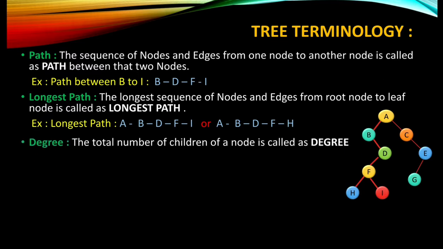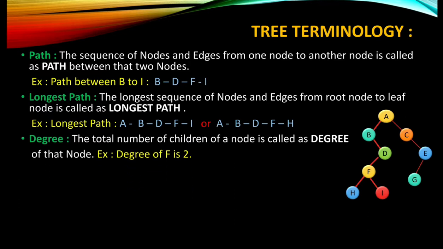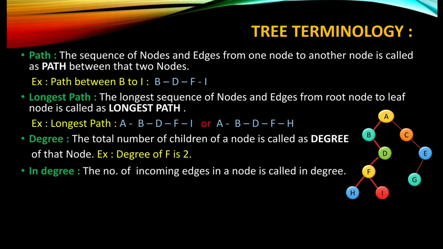Then we have degree. The total number of children of a node is the degree of the node. Degree of F is 2 because F has 2 children. That's why the degree is 2. In-degree means the number of edges coming to a particular node.